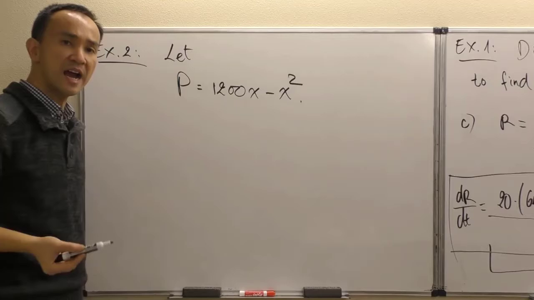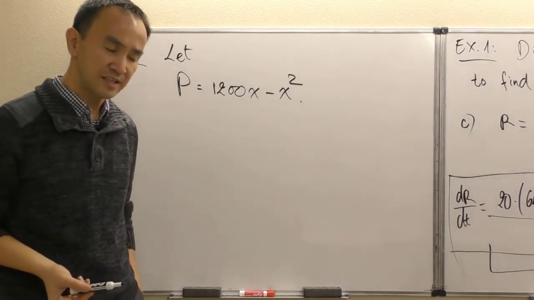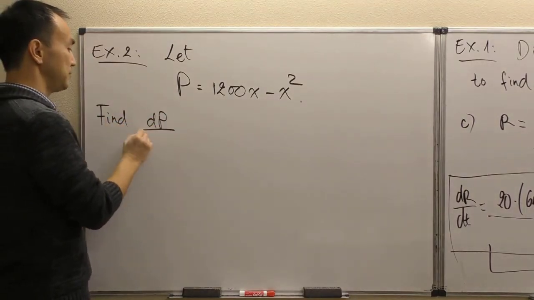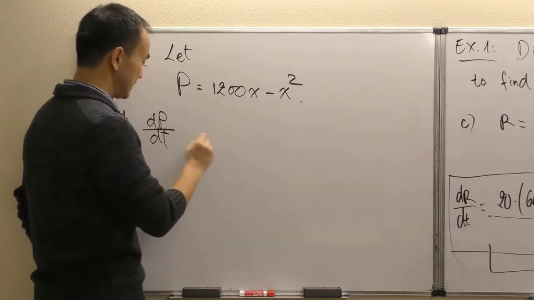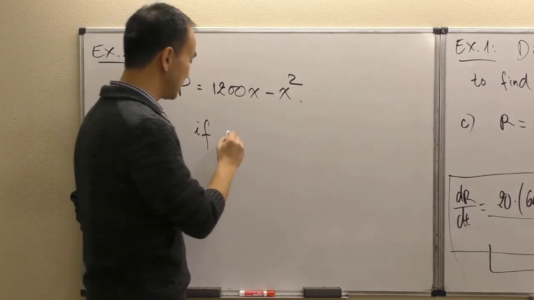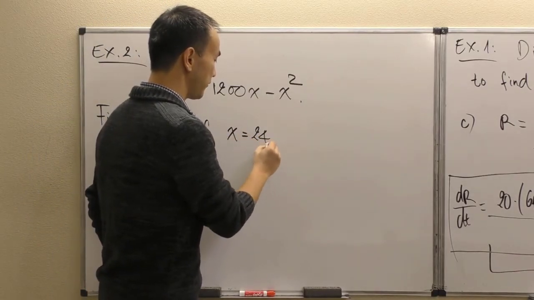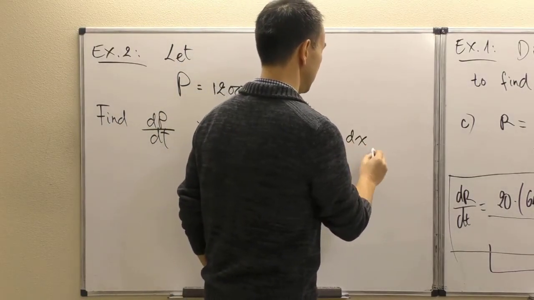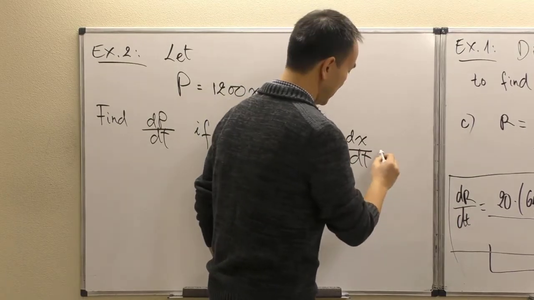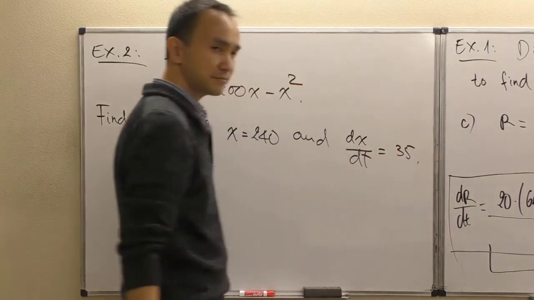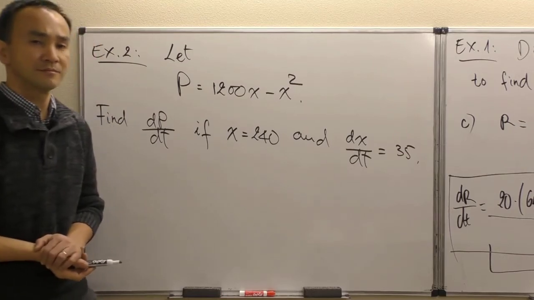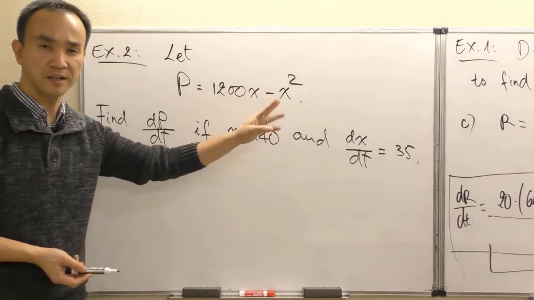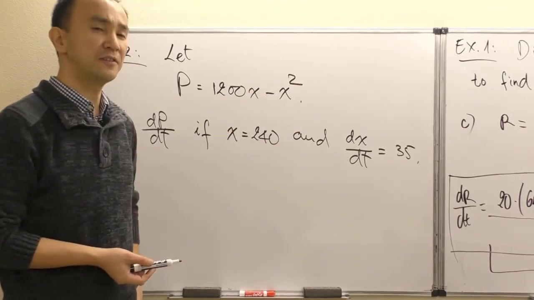So we have an equation, and we want to find dp dt if x equals 240 and dx dt equals 35. We want to find dp dt if x equals 240 and dx dt equals 35.